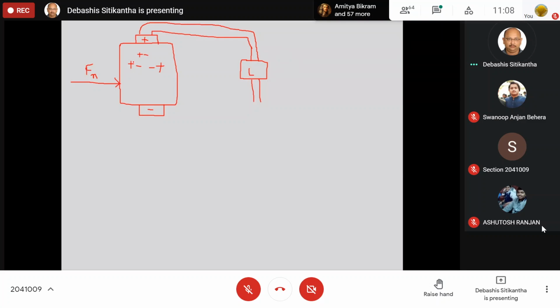If this Fn is greater than the force of attraction existing between them, then obviously the positive and negative charges will separate from each other. They are going to be aligned at different ends. All the positive charges will move to one side like this, and all the negative charges will move to the other side.